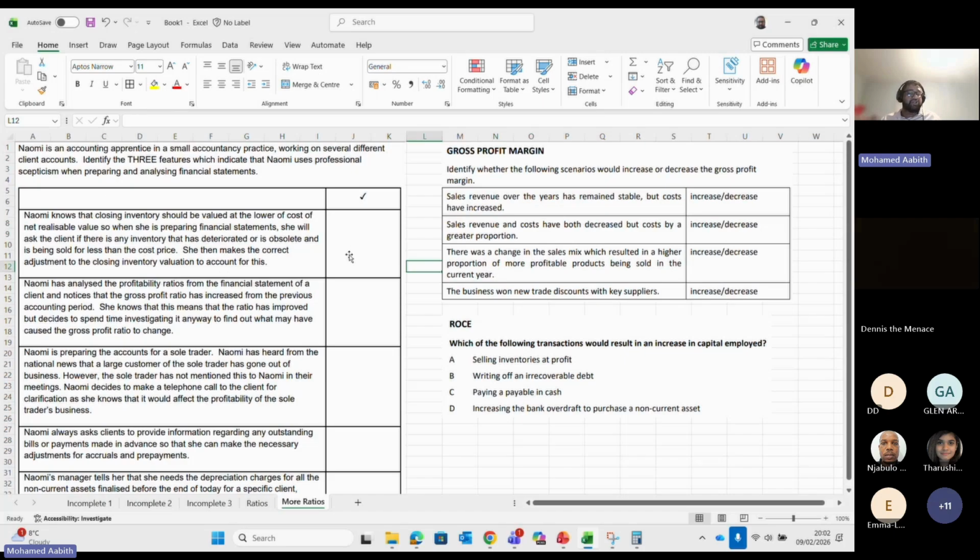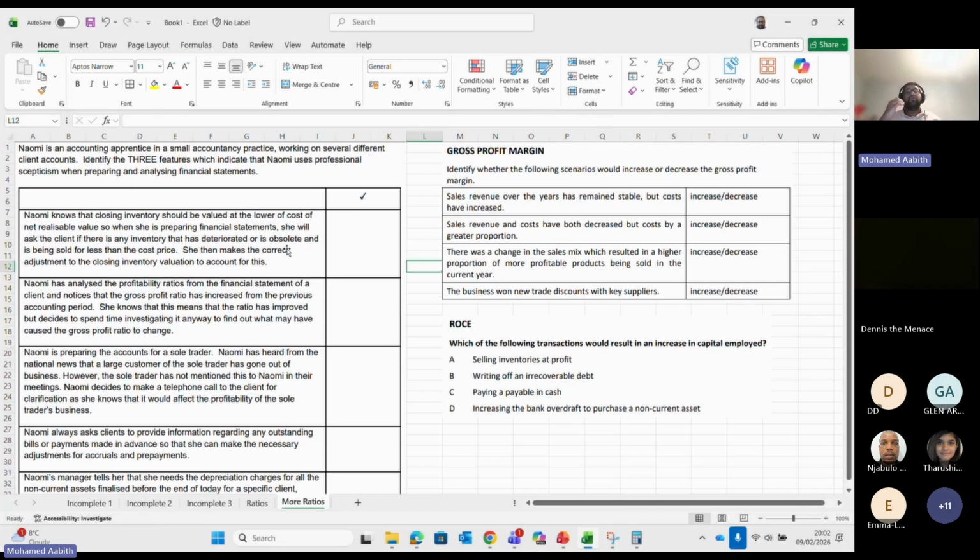So we need to make sure we identify the inventory valuation concept here. We need to think about the IAS rules for inventory, IAS 2, I think. I can't remember exactly, maybe it's IAS 20.